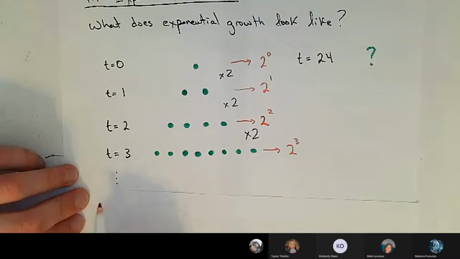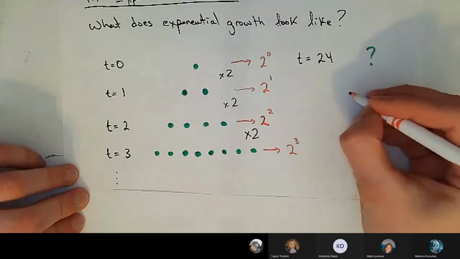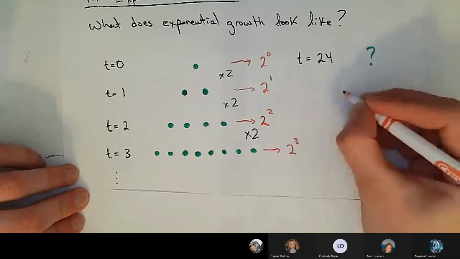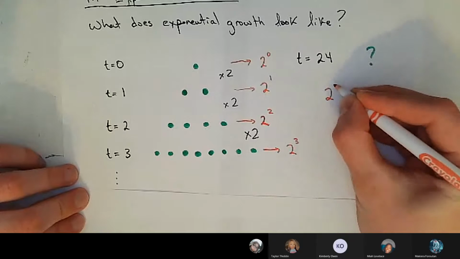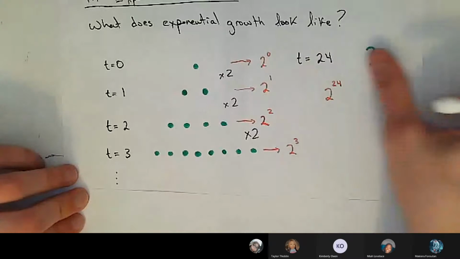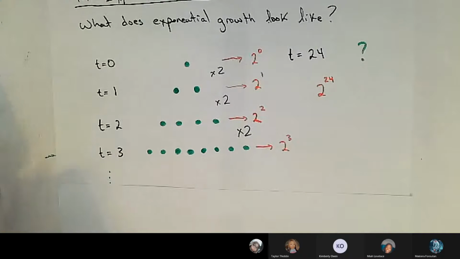So that means if I let t equal 24, then the number of little green dots or little bacteria thingies after 24 hours, if they're doubling every hour, will be 2 to the 24th. Okay. And what is that?